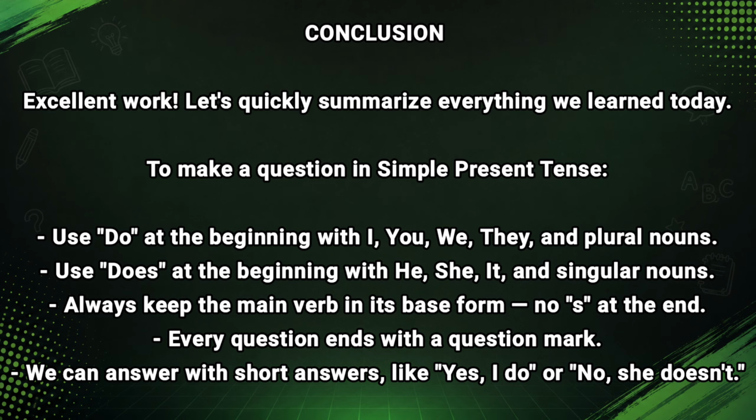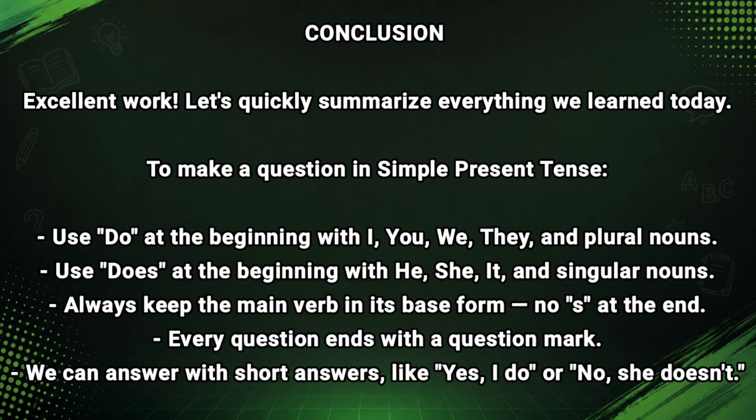Excellent work. Let's quickly summarize everything we learned today. To make a question in simple present tense, use do at the beginning with I, you, we, they, and plural nouns. Use does at the beginning with he, she, it, and singular nouns. Always keep the main verb in its base form.